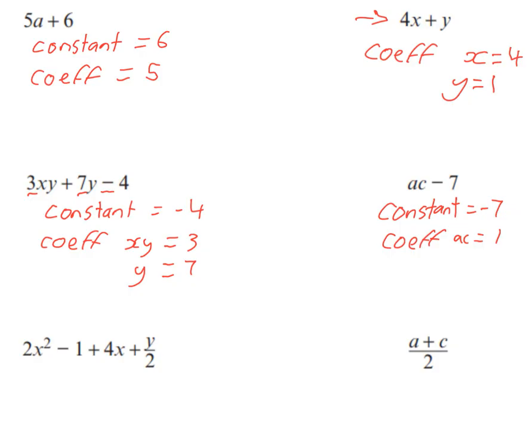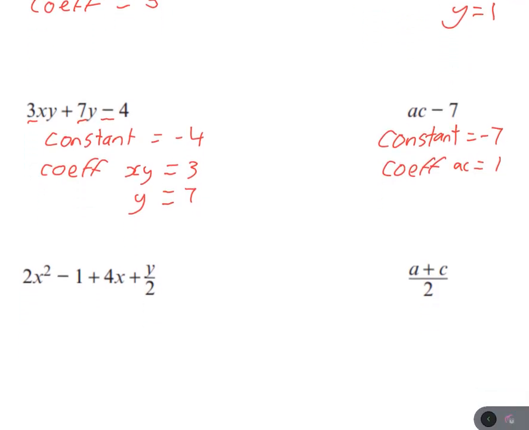Now I'm looking at the one just underneath, a plus c over 2. There is no constant. There is no plus 2 or minus 2. There's a division instead. And that means that we're going to have a coefficient. A plus c divided by 2, that's going to be exactly the same as this, okay? Or 0.5a plus c.